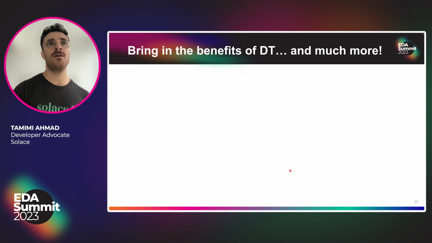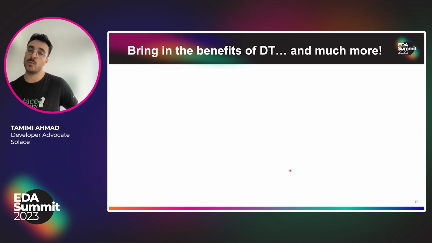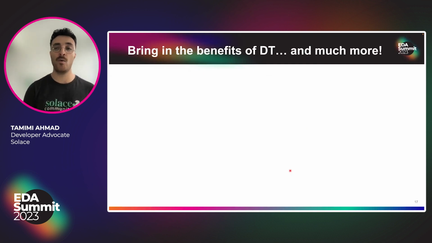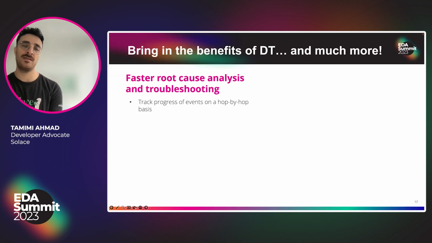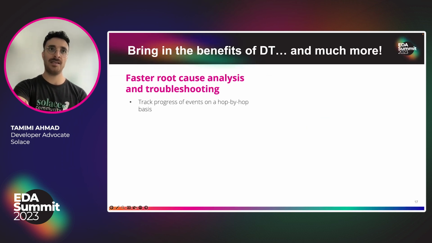So I did mention earlier some of the benefits of distributed tracing. With the Solace PubSub+ broker supporting distributed tracing, we can bring all the different benefits of distributed tracing and much more. So let's delve more into what information we can get.